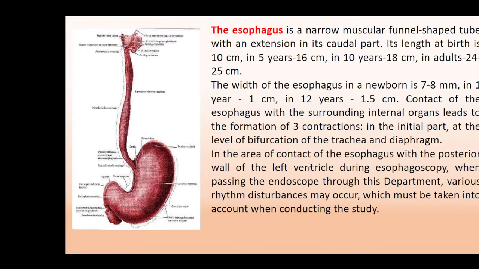In the area of contact of esophagus with the posterior wall of the left ventricle of the heart, during esophagoscopy, when passing the endoscope through this part of the esophagus, various rhythm disturbances may occur, which must be taken into account when conducting the investigation.